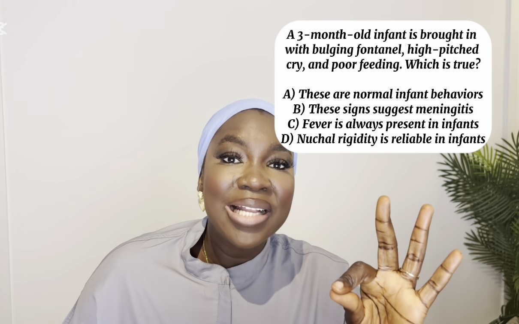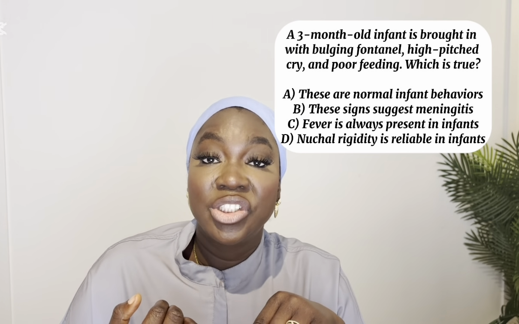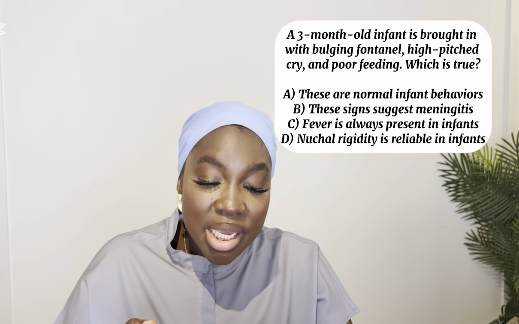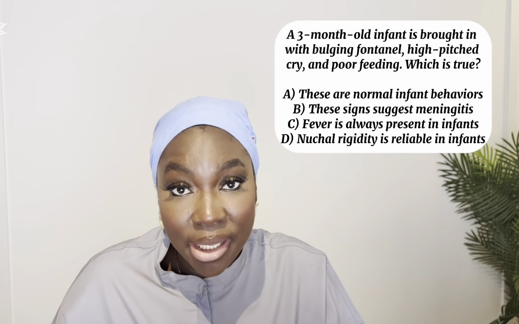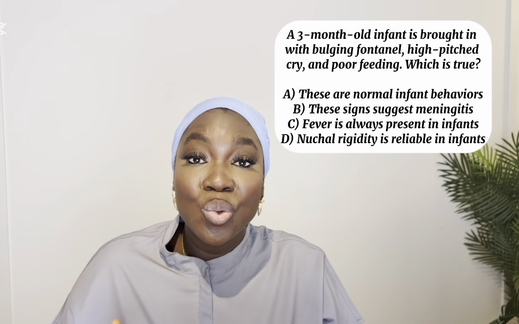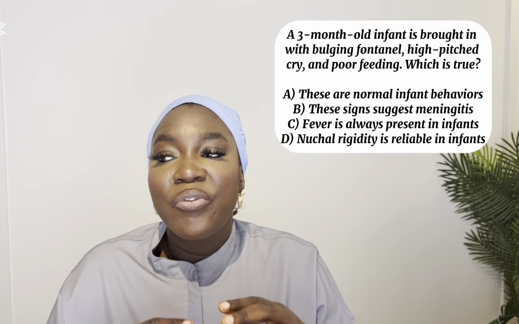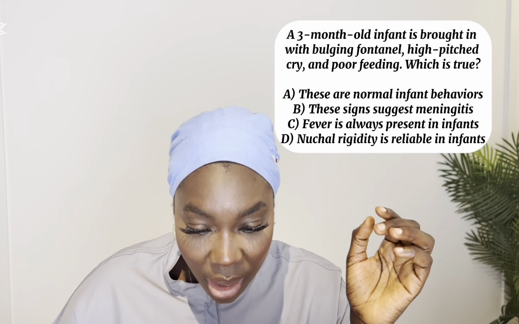Okay, so infant specific signs of meningitis include bulging fontanelle, and this is caused because of increased ICP. You will see high-pitched cry, signs of discomfort, of pain. You can also see poor feeding due to irritability or lethargy. So these are classic signs for meningitis in infants. Okay, so B is correct.